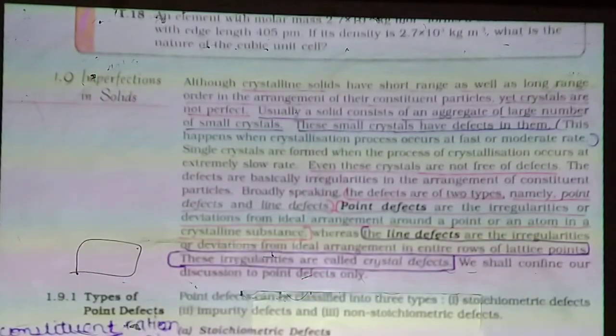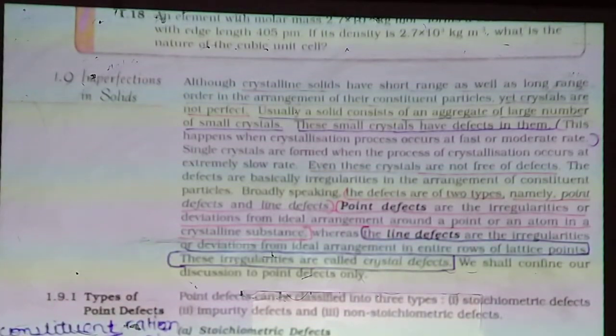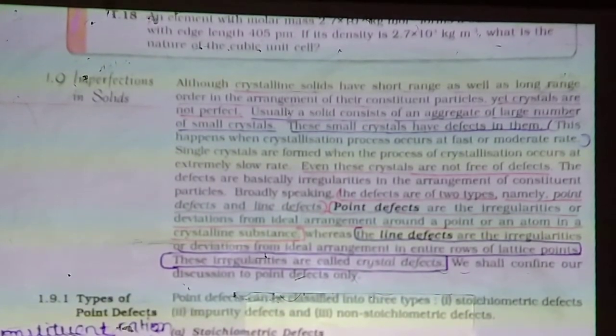Imperfection in solids. Imperfection means some defect. In this point, we are going to discuss imperfectness, meaning defects of the solid.